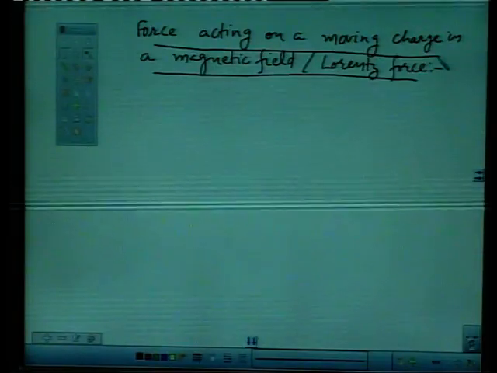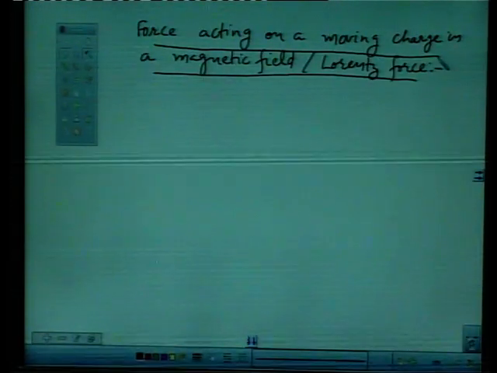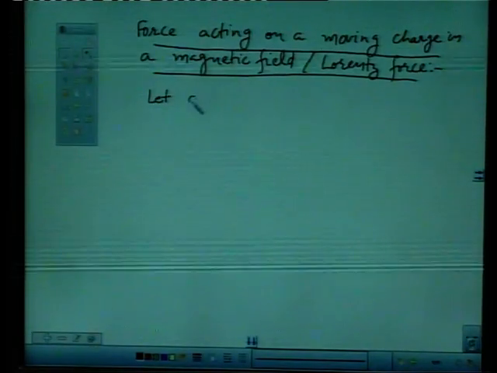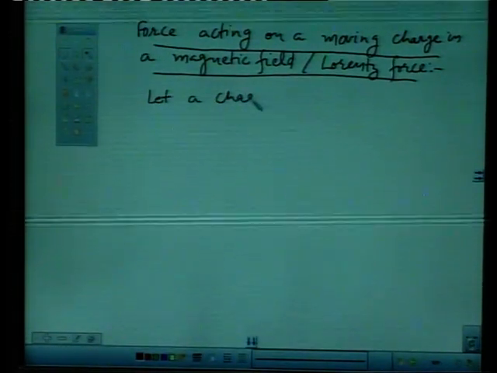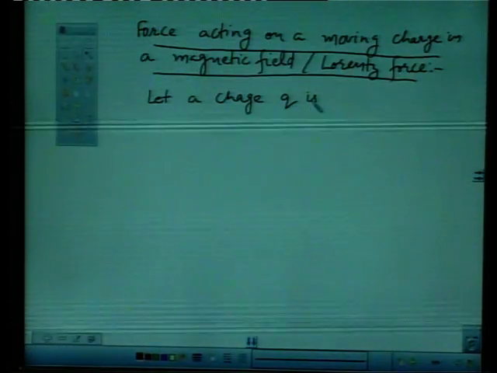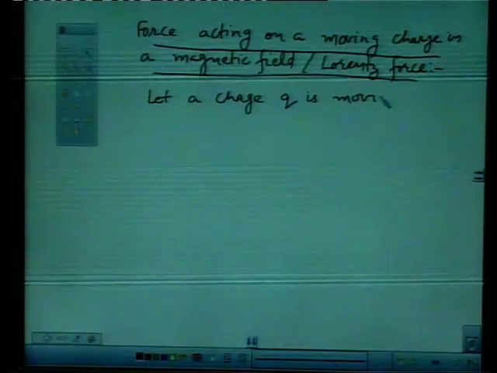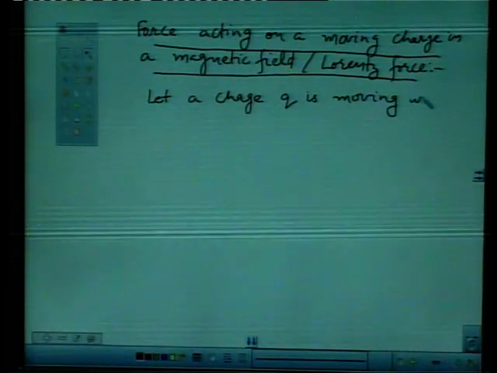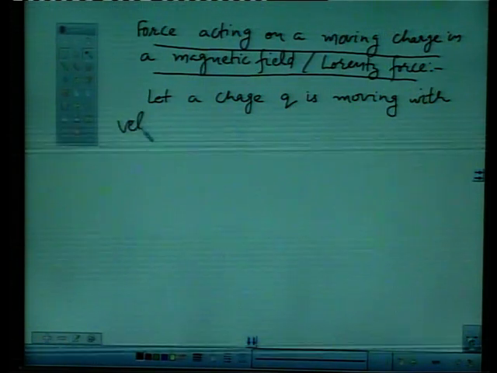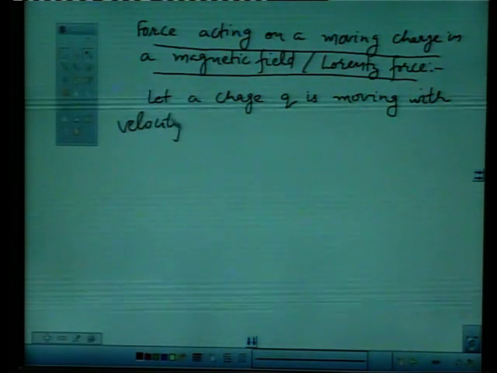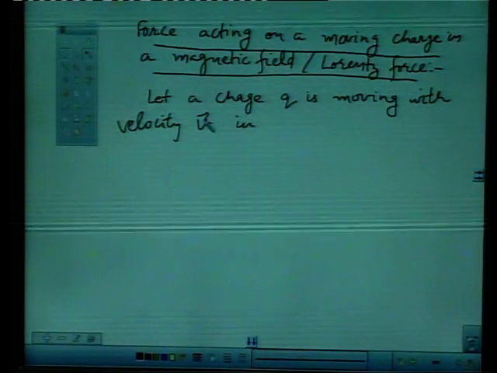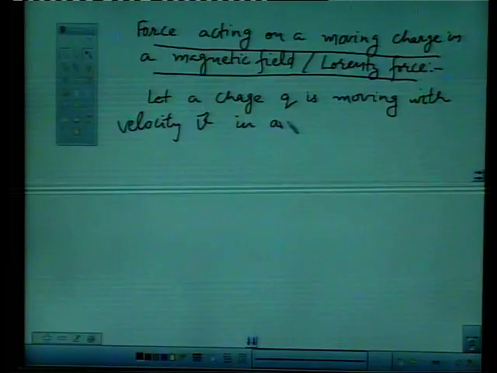The Lorentz force is also called magnetic force. So let us suppose, let a charge q is moving with velocity v in a magnetic field.